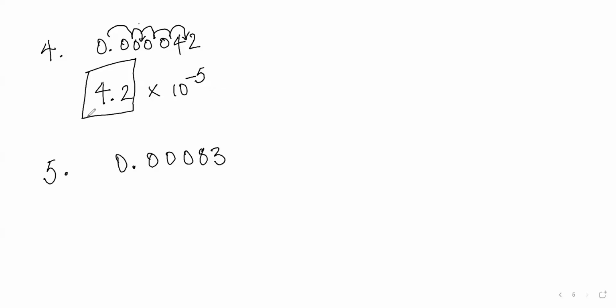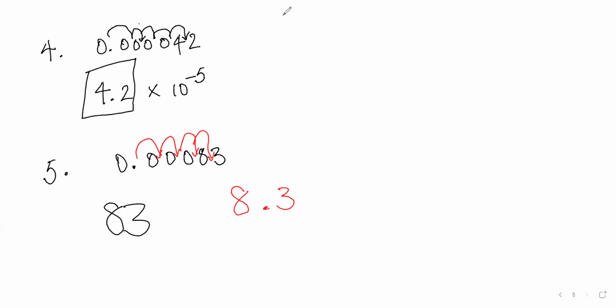Between 1 and 10. So I cannot move the point 1, 2, 3, 4, 5 places to get 83. That's wrong. I have to move my point 1, 2, 3, 4, because I want the number as 8.3.